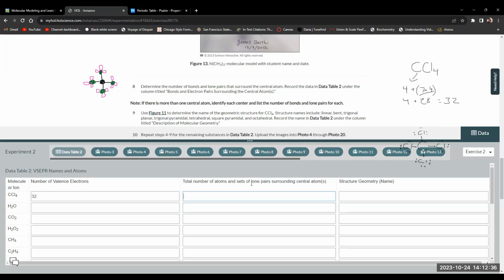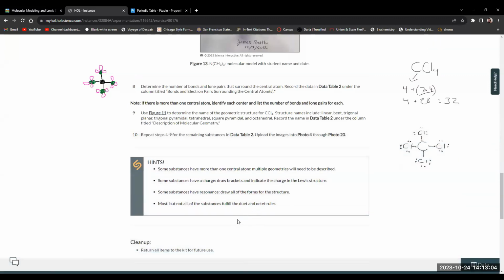So we know this structure doesn't have any lone pairs. But it does have 4 bonds. And then using figure 11, we have to determine the molecular geometry.